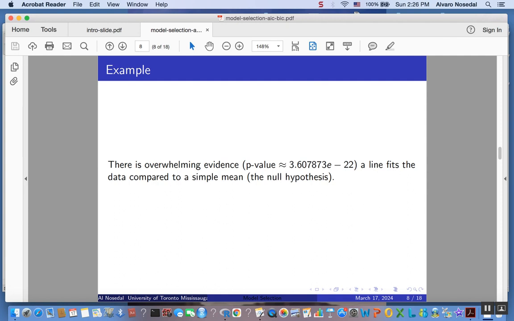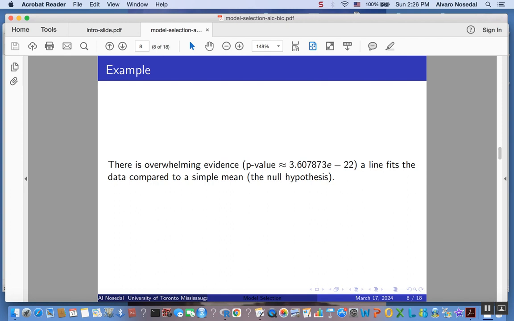Okay, first, note that your reduced model, beta 0, a model with just a constant, is a particular case of the more complicated model that includes beta 0 and beta 1.